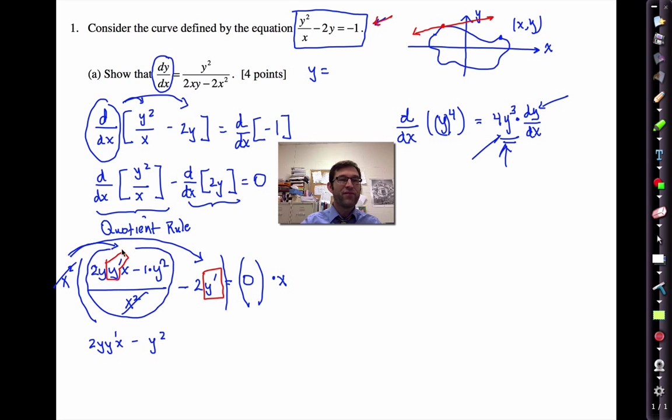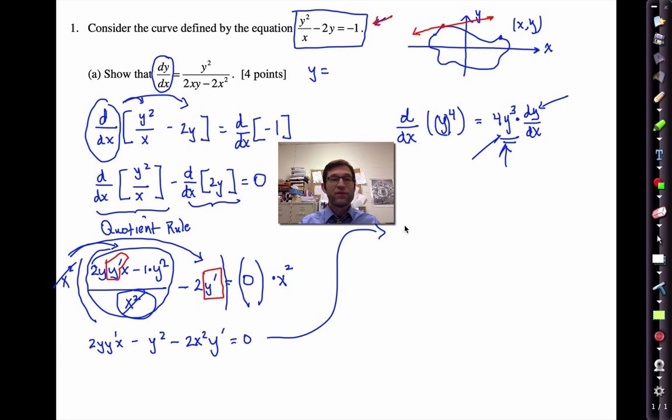It's all being divided by x squared, so when we multiply by x squared, those two operations cancel. On the other hand, we do have to multiply this guy by x squared because of the distributive property of multiplication, I guess, over subtraction. Sorry about that.